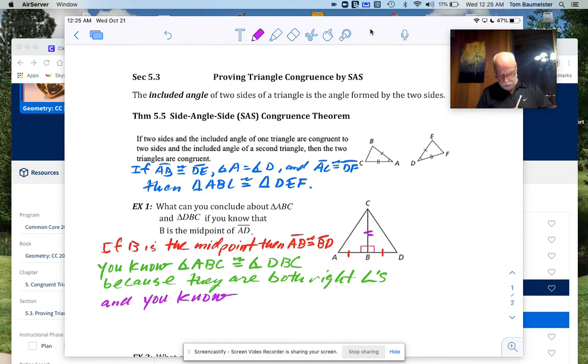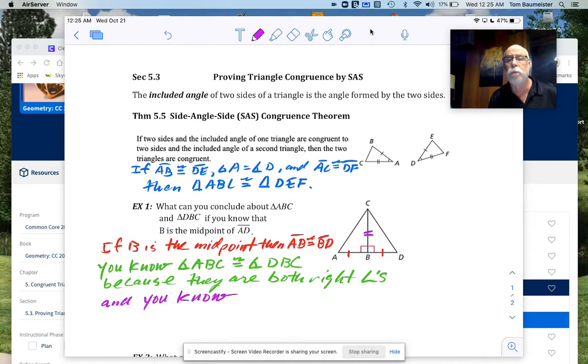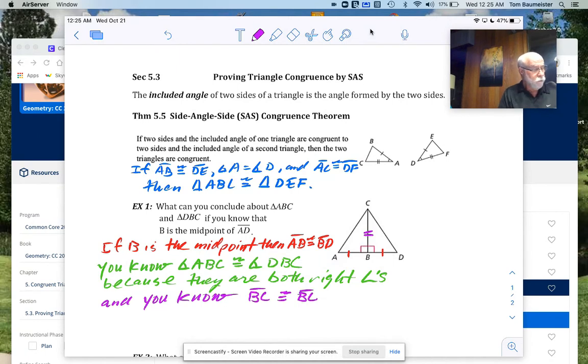Well, I can state that this one right here is the same. Remember, I just told you about the reflexive property, and we're going to keep using it. I can say that BC is congruent to itself, BC, by the reflexive property.